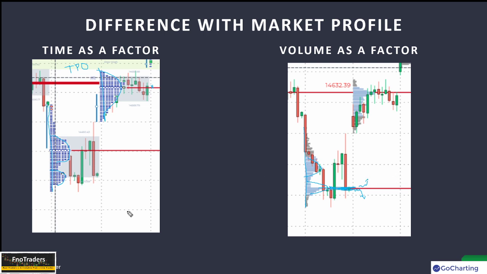This information is not very apparent from a TPO point of view, because the TPO VPOC is much higher, while the actual volume traded is here. So larger volume traded at certain areas during a spike is represented more cleanly in a volume profile chart than in a TPO or market profile chart.